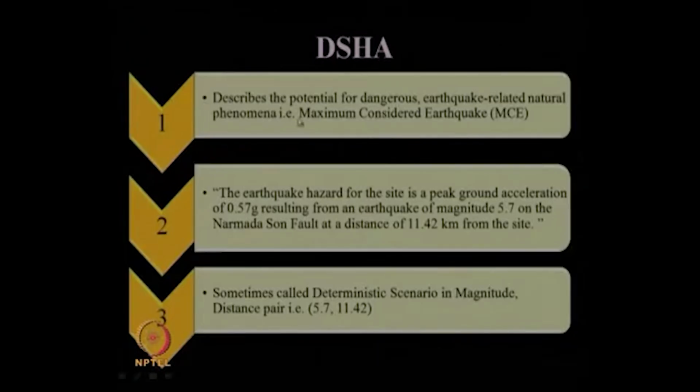So, if we carry out the DSHA, it describes the potential for dangerous earthquake related natural phenomena, that is the maximum credible earthquake or maximum considered earthquake, maximum credible earthquake we call MCE, right. That is the earthquake which we consider for our DSHA or deterministic seismic hazard analysis. Already I have mentioned this in the beginning of DSHA.